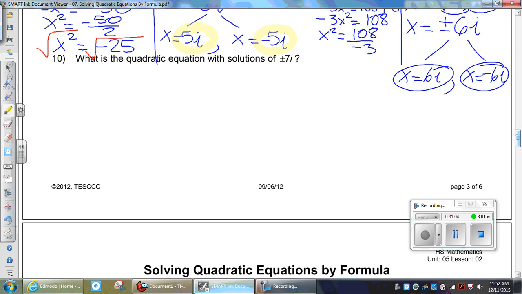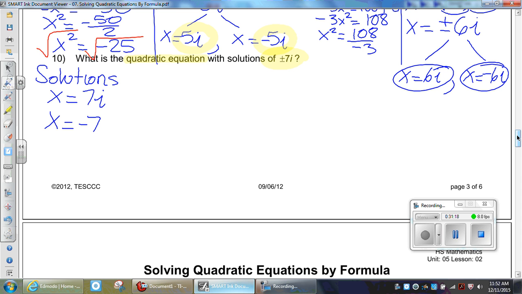Next problem here, we have: what is the quadratic equation with the solutions positive 7i and negative 7i, which is no surprise because we've been saying they will always come in conjugate pairs.